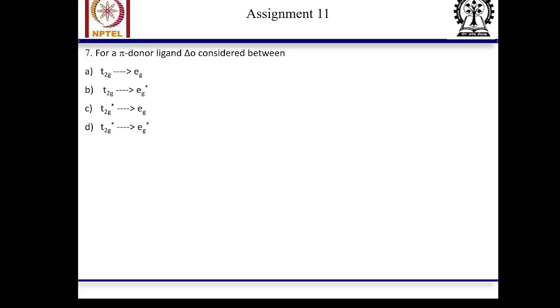We'll wait for 1 minute. Rajendra sir or Rupali ma'am, any idea? For a pi donor ligand, will delta 0 be considered between T2G to EG, T2G to EG star, T2G star to EG star, or T2G star to EG star?